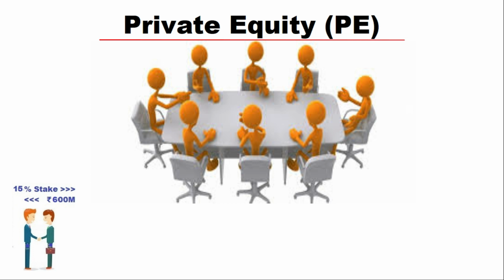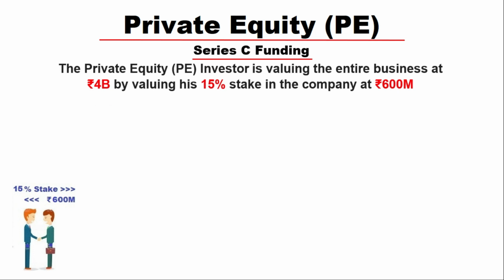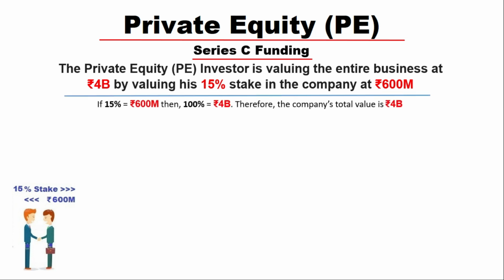Assuming they pick up 15% of stake for a consideration of 600 million, they are now valuing the company at 4 billion. If 15% is equal to 600 million, then 100% should equal 4 billion.